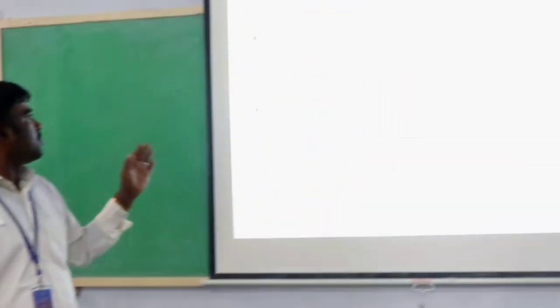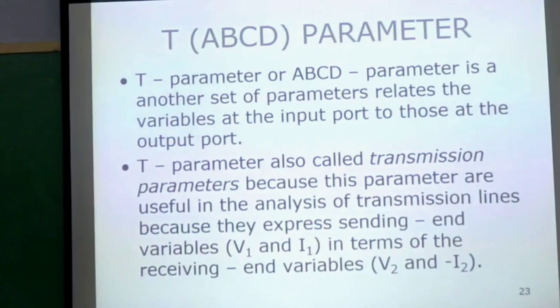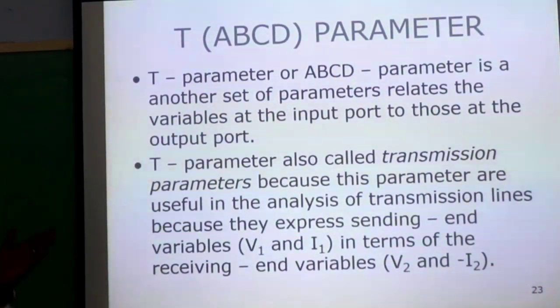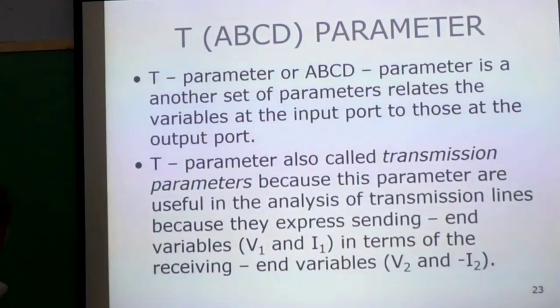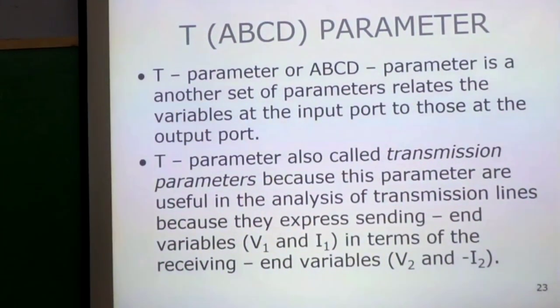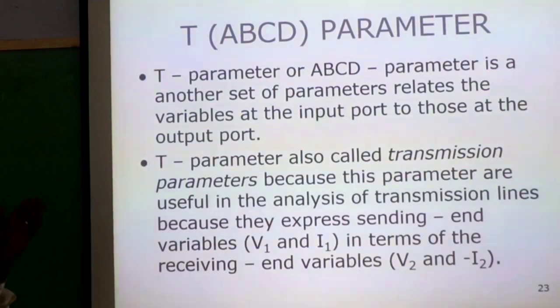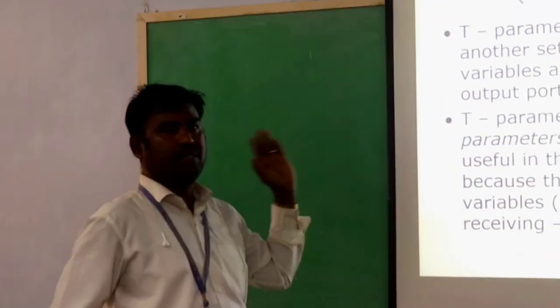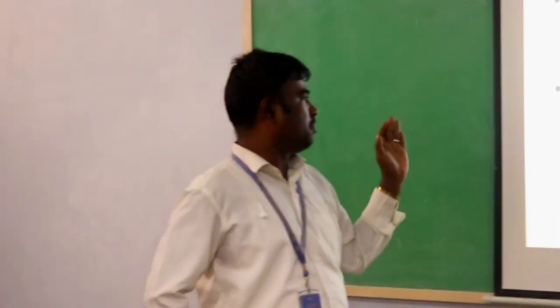Similarly, ABCD parameters. In network transmission lines, we concentrate only on transmission side parameters. We have an input voltage and input current, so we go for ABCD parameters. They are also known as transmission parameters.